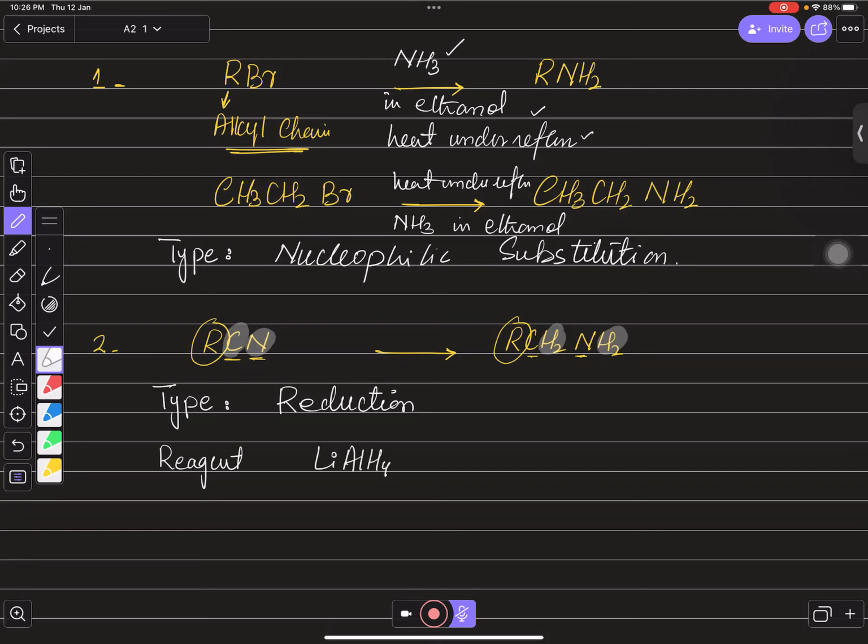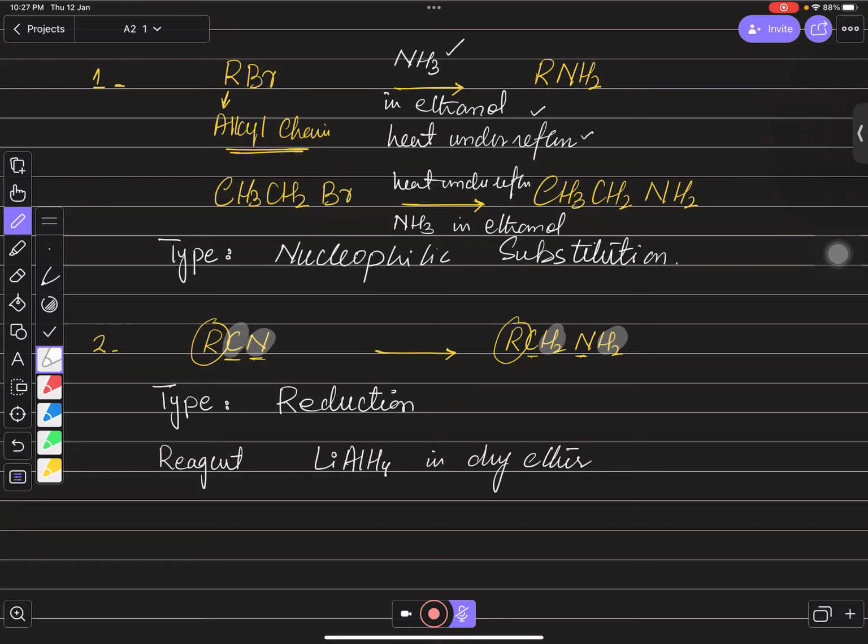And what is the solvent with this? Whenever we use this, what should be the solvent we should have? LiAlH4 should be in dry ether, right? This is actually dry ether that you need to use.